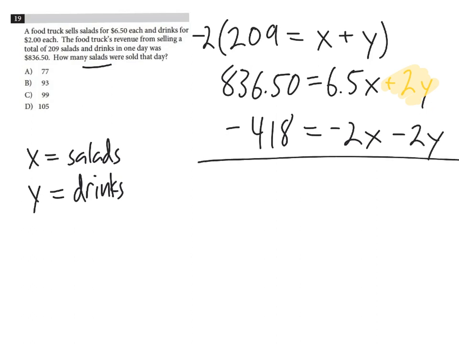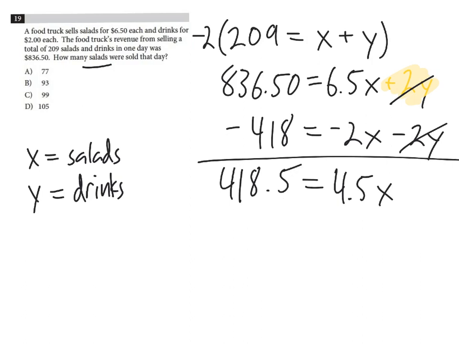Now, if I add these two equations together, I see that my y's cancel out. I'm going to be left with 4.5x, and I'm going to bring up my calculator and subtract 418 from 836.5, and I am going to end up with 418.5.